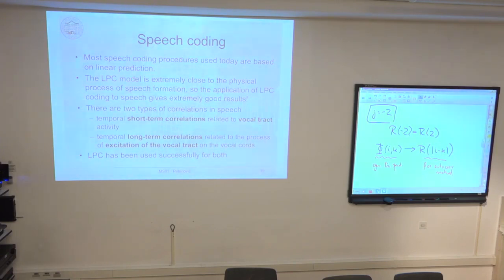One type are the short-term correlations, and they are related to the vocal tract activity. And the other type are the so-called long-term correlations, and they are related to the process of excitation of the vocal tract. And for the vocal tract, we recognize two basic modes or two basic types of excitation.